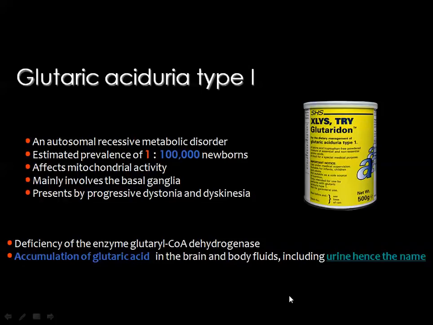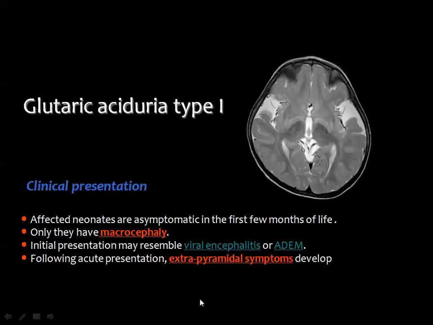The fourth type of this group is glutaric aciduria type 1, which is also an autosomal recessive disorder of a rare incidence, as you can see, and it affects the mitochondrial activity due to deficiency of an enzyme, which will lead to accumulation of glutaric acid in the brain and the body fluids, including urine, and hence the name glutaric aciduria.